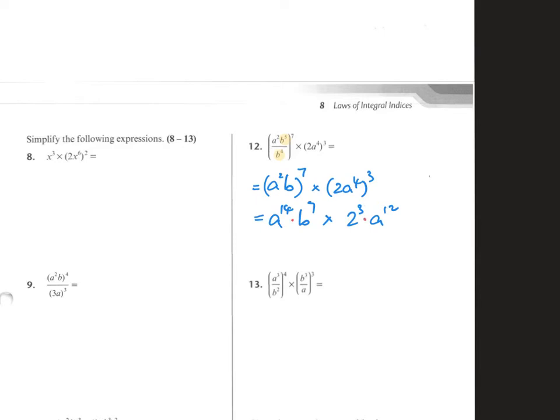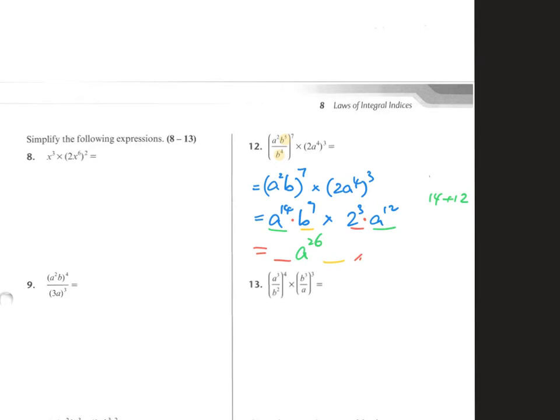So we can put them all together as the answer with 2 cube. A to the power 14 multiplied by a to the power 12, so we add up the index. So we should get a to the power 26. While b to the power 7, you write it down here by yourselves, and put everything together. So that is the answer.